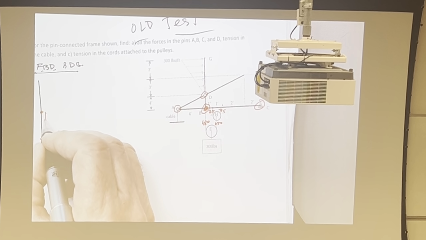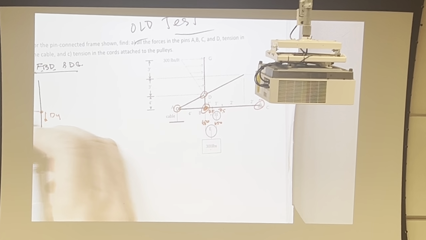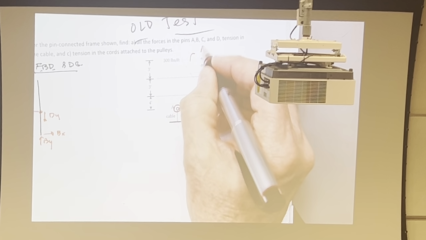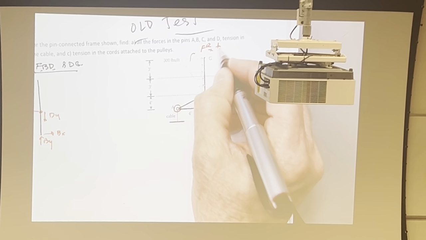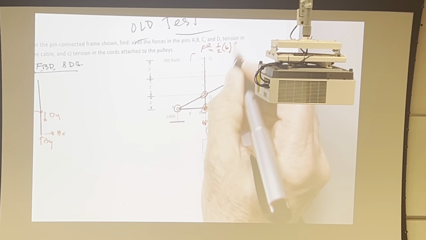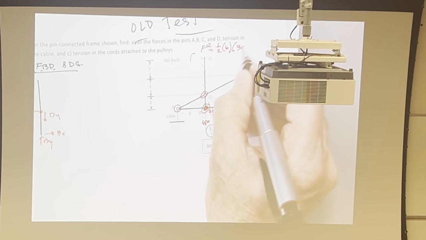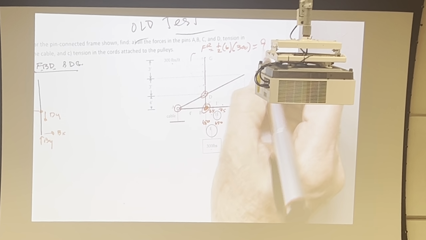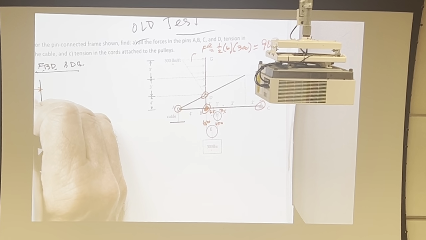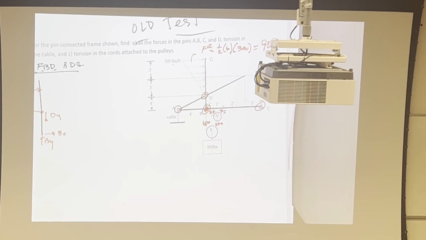At D, I have a DY, I have a DX. This distributed load is a single force resultant of 1/2 of the base, 6, height, 300, that's equal to 900. So I have 900 here from the distributed load.